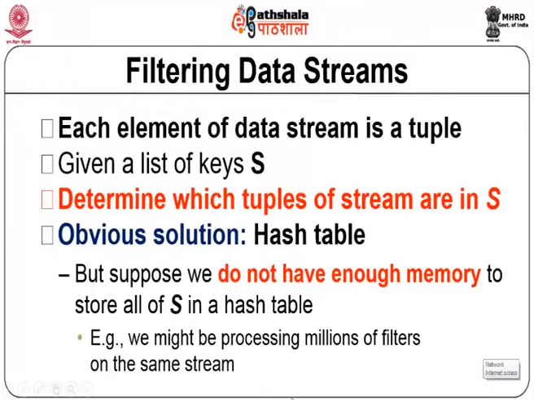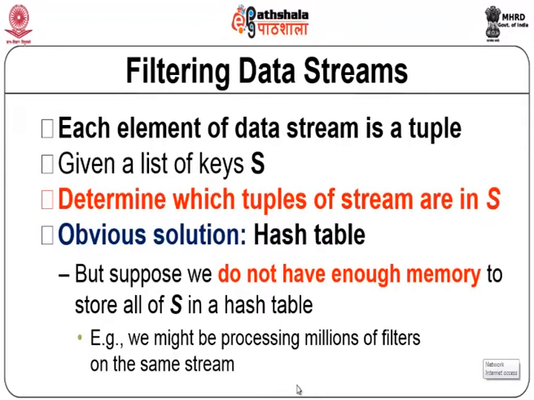But the major problem here is that when you do not have enough memory, we will not be in a position to store the entire hash table. In other words, all the keys available in the set S may not be held in the main memory. Therefore, we need to narrow down to a subset of keys that may be very important for filtering.